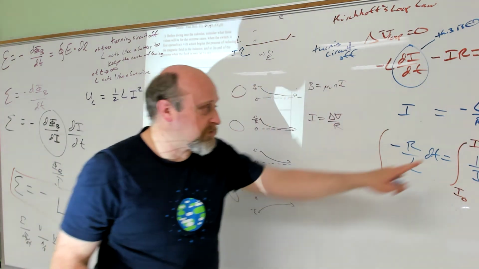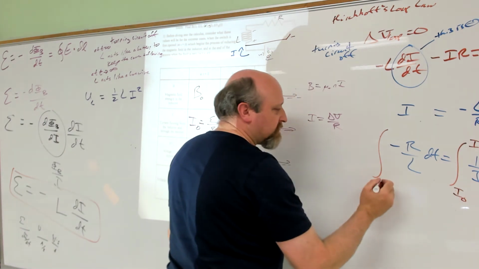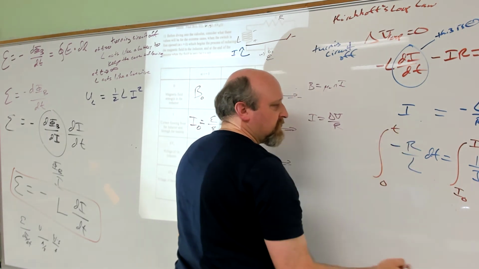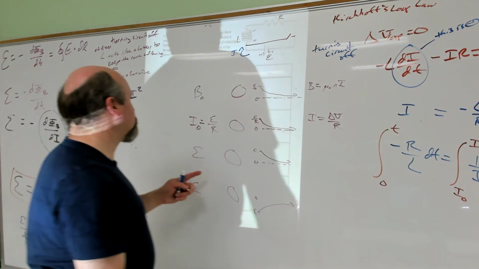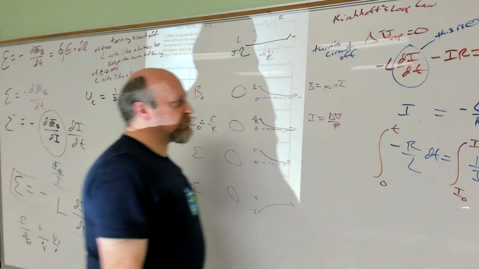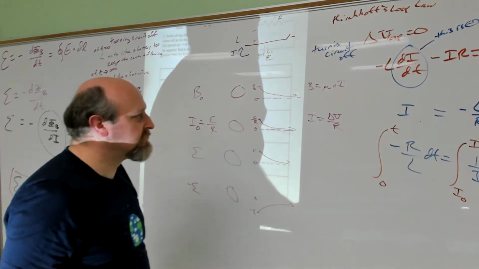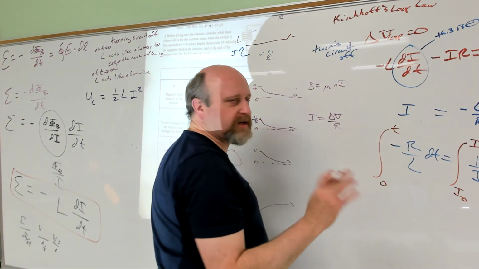At infinity that current would be 0, but I want I at any time, so we go from time 0 to any future time t, and from the initial current, which is just EMF over R, to I. So this is discharging, turning the circuit off. This was a lot easier to set up and separate the variables, which is why I didn't write this one out.